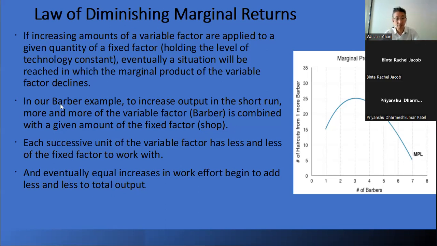In our barber example, to increase output in the short run, more and more of a variable factor, barbers, is combined with a given amount of the fixed factor, the shop. We assume that the shop cannot be expanded. Each successive unit of the variable factor has less and less of the fixed factor to work with, and eventually, equal increases in work effort begin to add less and less to total output. Any question?